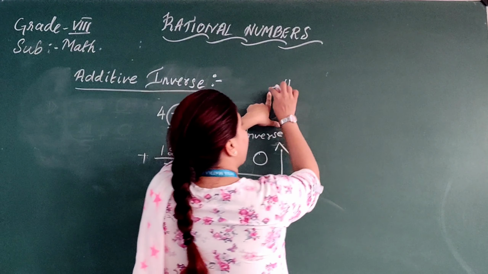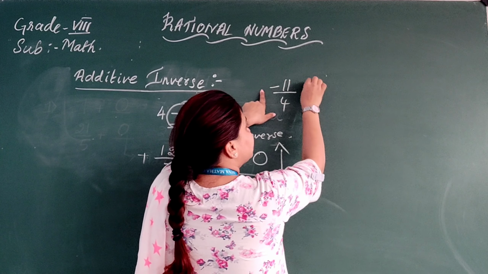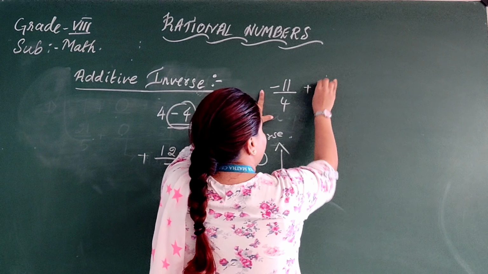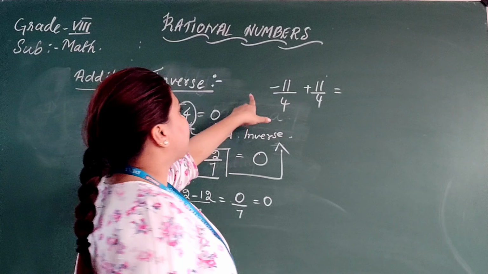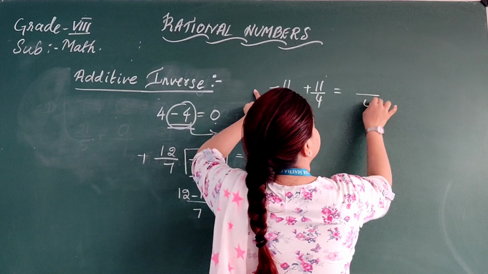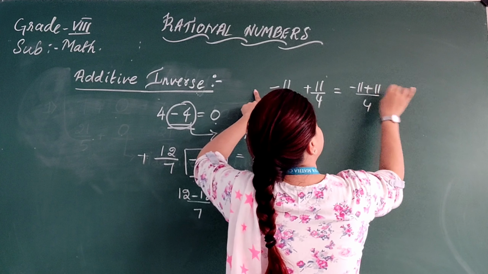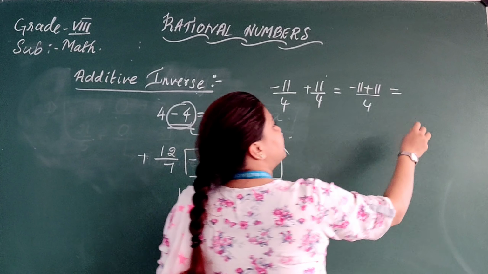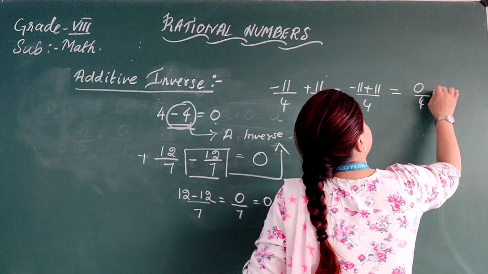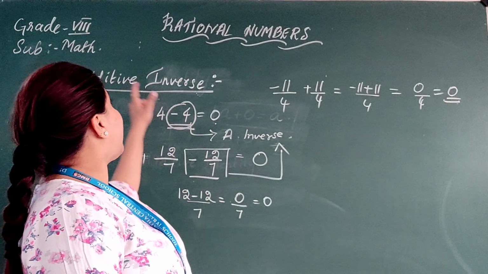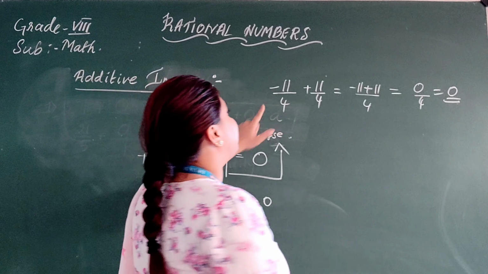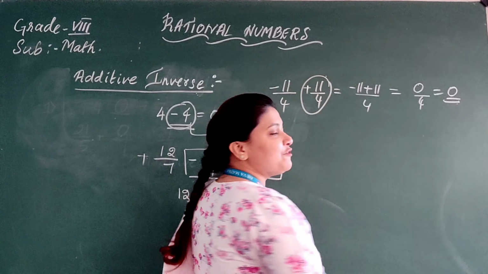So the additive inverse of this negative is plus 11 by 4. So denominator 4 as it is, minus 11 plus 11. So this is again 0 by 4. It's nothing but again I got 0. So therefore the additive inverse of minus 11 by 4 is plus 11 by 4.